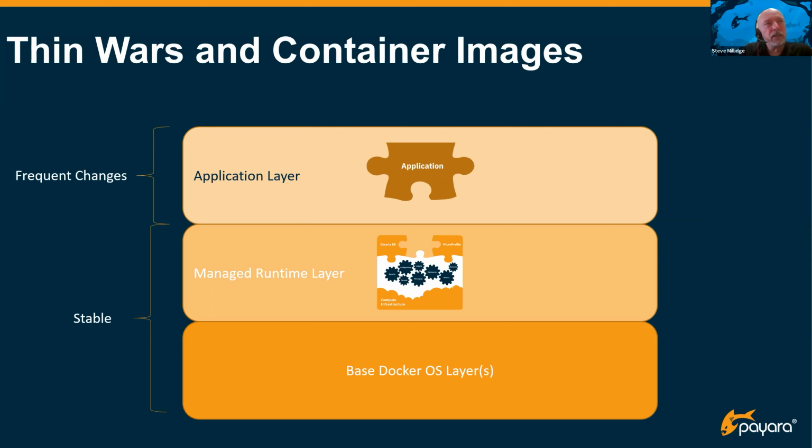And the layers are there so that you only have to change a small diff, a small piece of the operating system, the file system, so that you can update the layer on top. So from a Jakarta EE perspective, the application layer will change quite frequently, but it's separated from the application server tier.